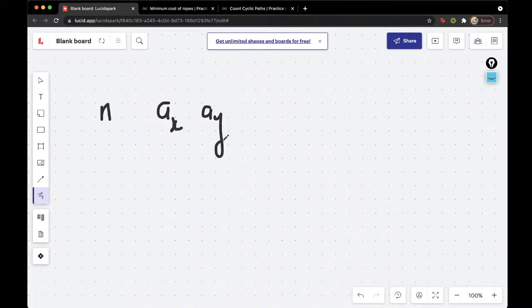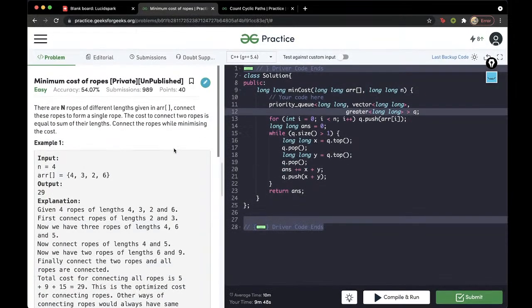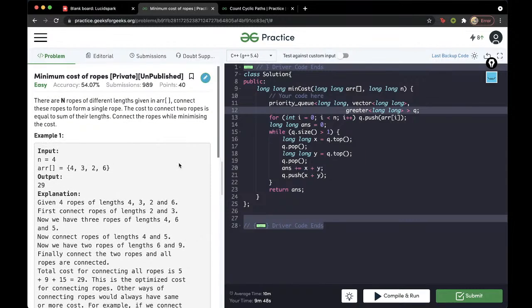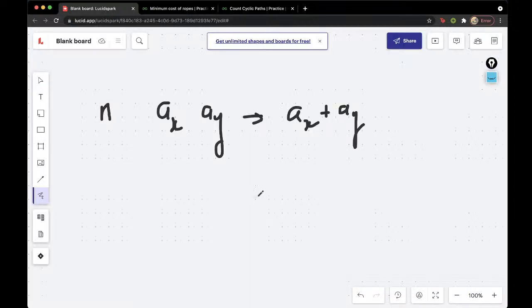You can combine these both with a cost equal to a of x plus a of y. The objective for the entire problem is to minimize the total cost.